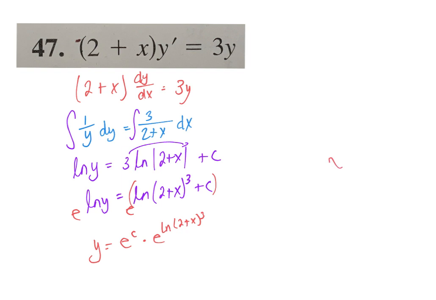Because if you have x to the 1 plus 2, that's really just x to the 1 times x to the 2. E to the c, that is a constant, so you can just make that your c. And then e to the ln, those are going to cancel, and you're going to get 2 plus x cubed equals y.